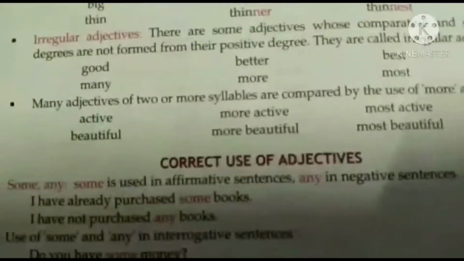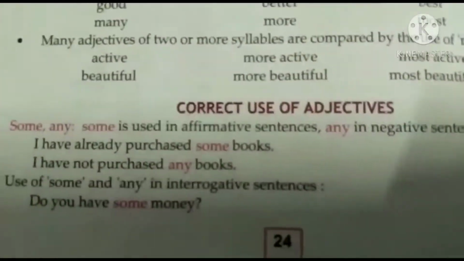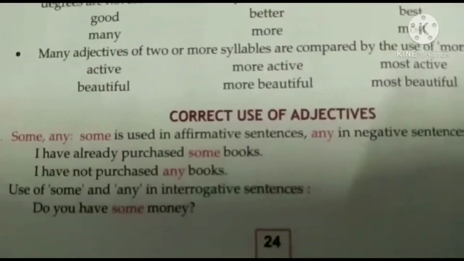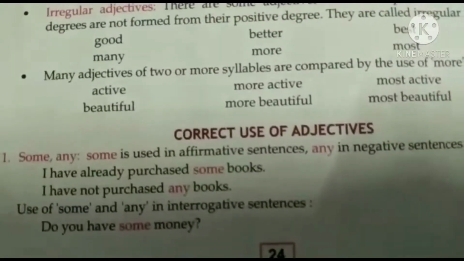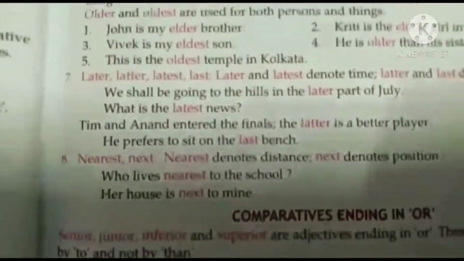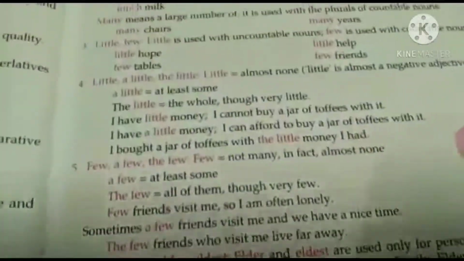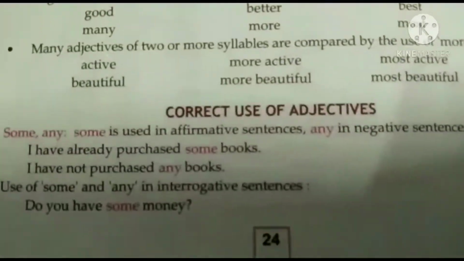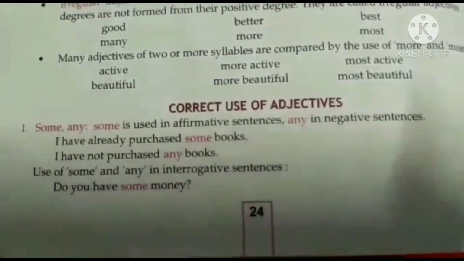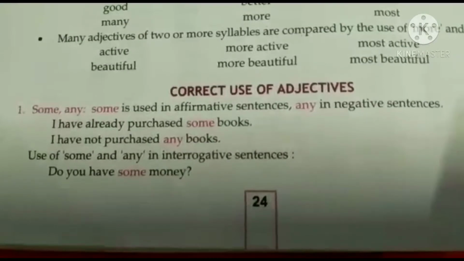Now we will see the correct use of adjectives. Some correct uses of adjectives are given, eight of them here. You can see. First let's discuss this one: some and any.